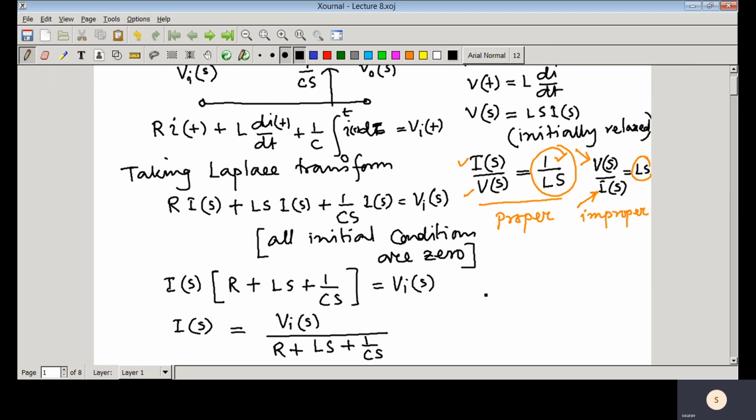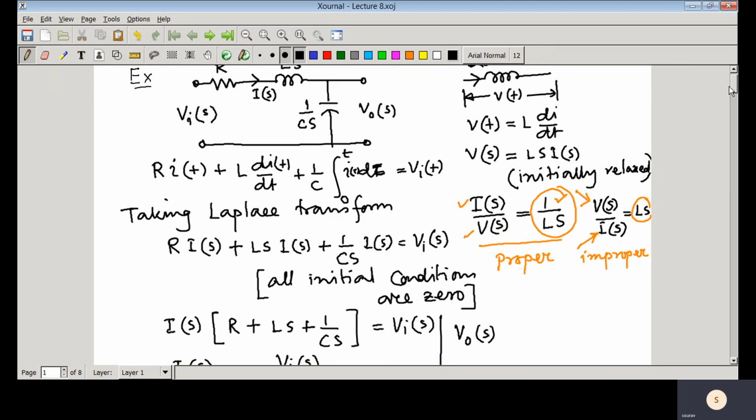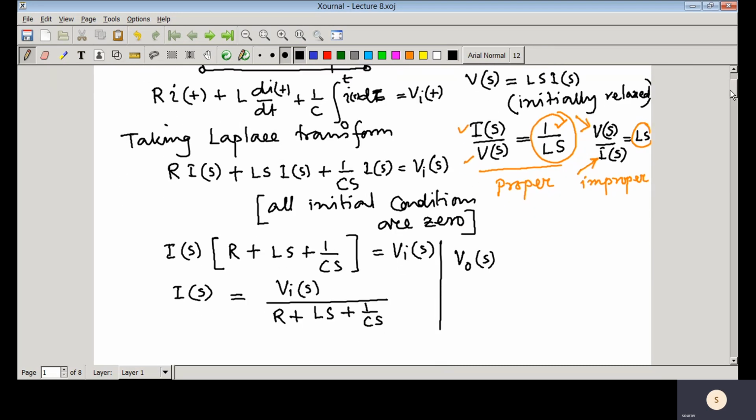Now what is Vo(s)? The output voltage across that capacitor, Vo(s), equals 1 by Cs into the current I(s). So 1 by Cs into I(s) is Vi(s) divided by R plus Ls plus 1 by Cs.